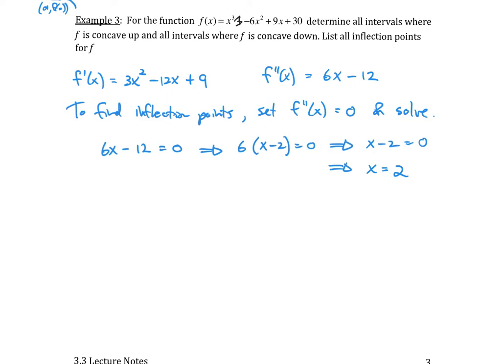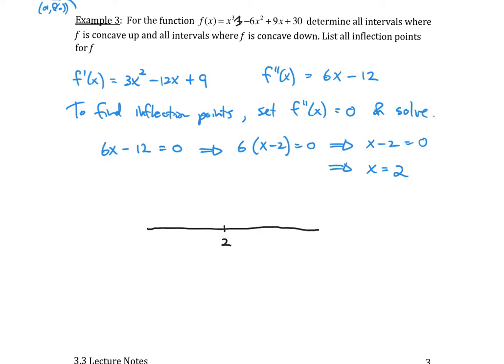So let me draw a little number line here. Here's our number line. We're going to label 2 over here. 2 is my possible inflection point. Let me work with a couple of test points.